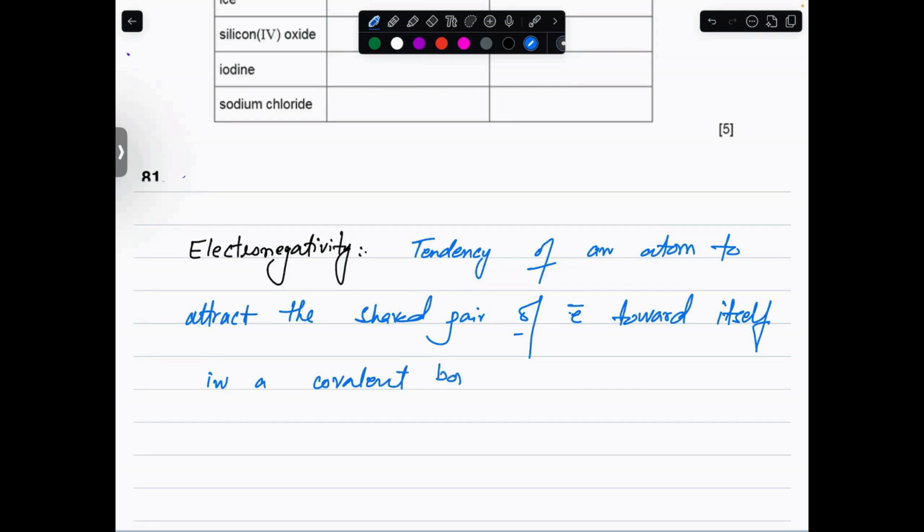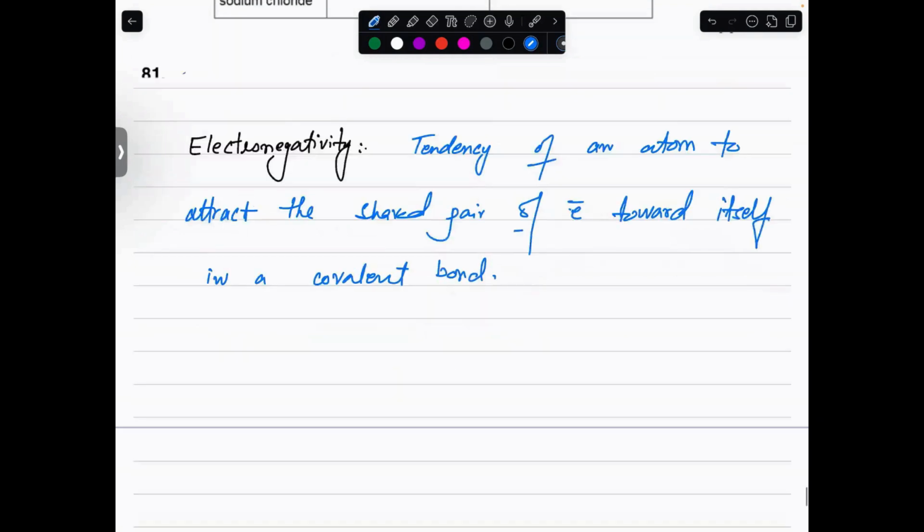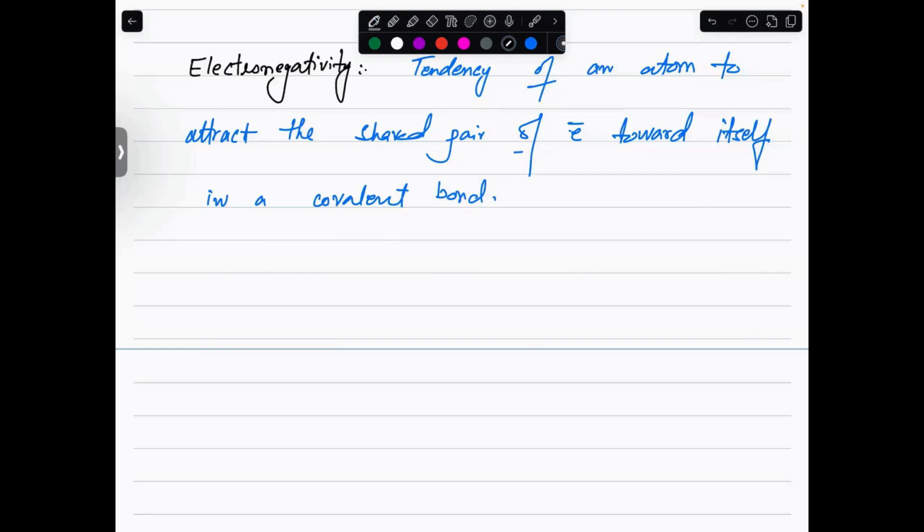Now, for example, these are two atoms. They're covalently bonded. There are electrons. The electrons are attracted by this atom due to its nuclear attraction. The electron is also attracted by this atom. So the electron cloud is equally attracted by both.